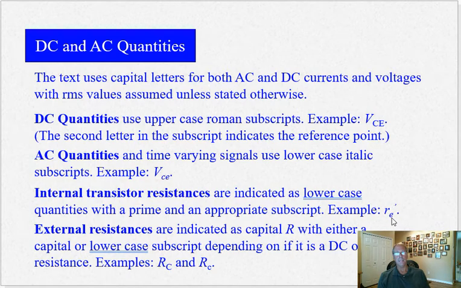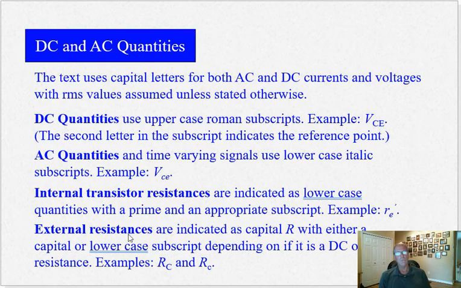So r'e, for example, is the emitter resistance. And these are all equivalent resistances. They're not real resistances because you can't take an ohm meter and measure a resistor, right? These are just current voltage relationships that indicate resistances via Ohm's law. But you can't really take an ohm meter and stick it across a transistor and measure resistance. I mean, you can, but you're not going to get this value correctly, okay?